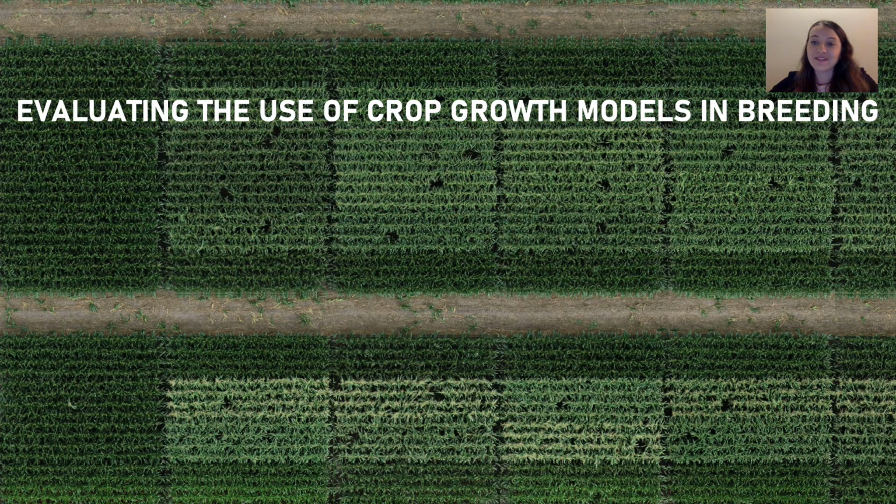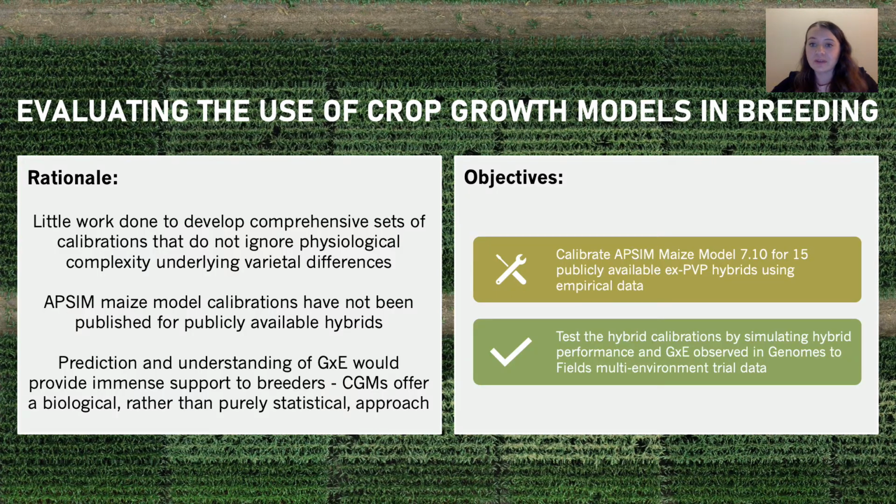So my work is on evaluating the use of crop growth models in plant breeding, specifically for simulating hybrid performance and genotype by environment interactions. And what led us to this project was ultimately a lack of work being done to develop comprehensive sets of calibrations that really get at the complexity underlying differences among hybrids.